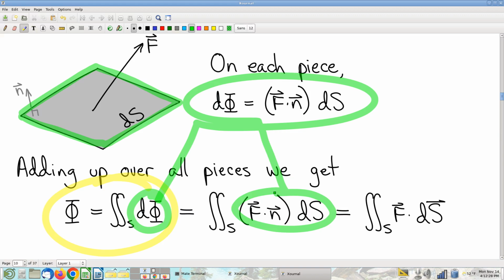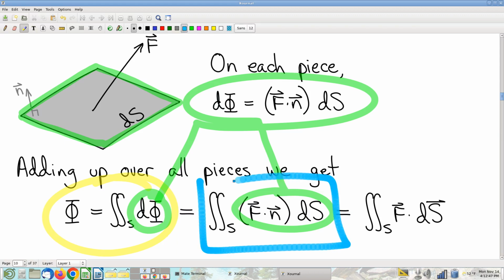So F dot n times dS is our chapter 3 formula for how you compute flux on flat surfaces with constant vector fields, which this is, for all intents and purposes. And lo and behold, we have an integral that we can compute. This is a surface integral, and we know how to compute surface integrals at this point. What do you think? Everybody all right?